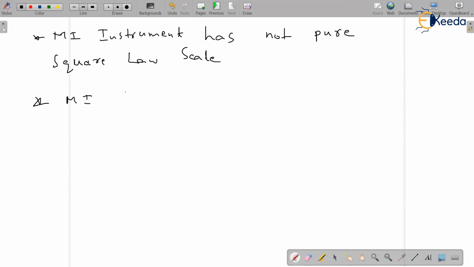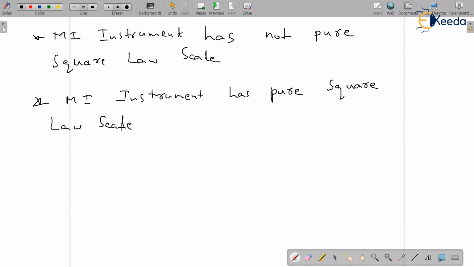Next, an MI instrument has a pure square law scale.